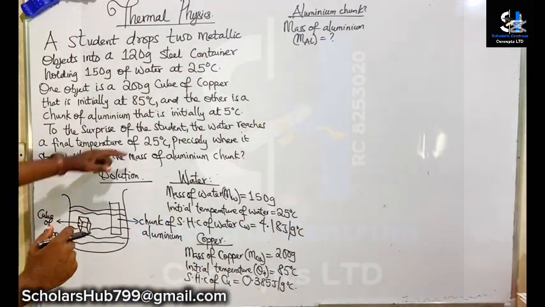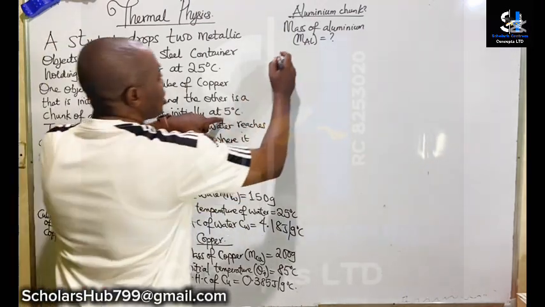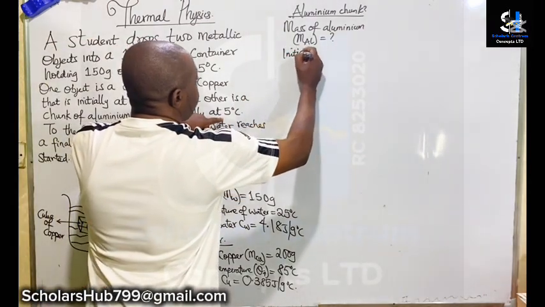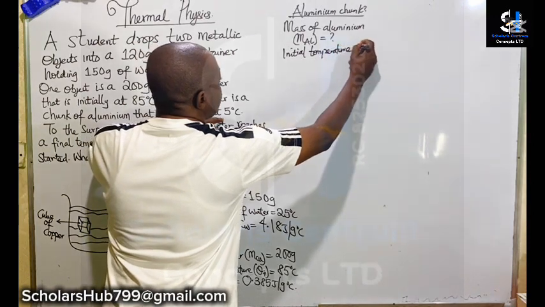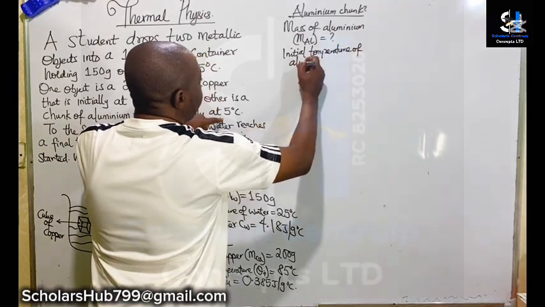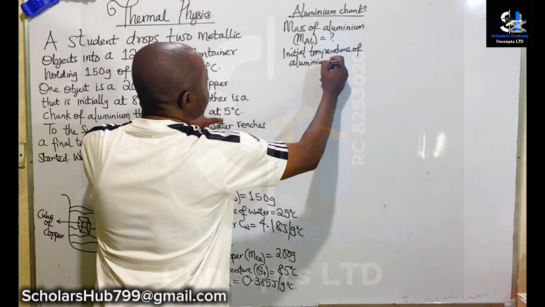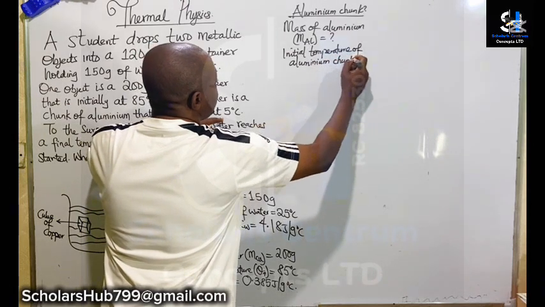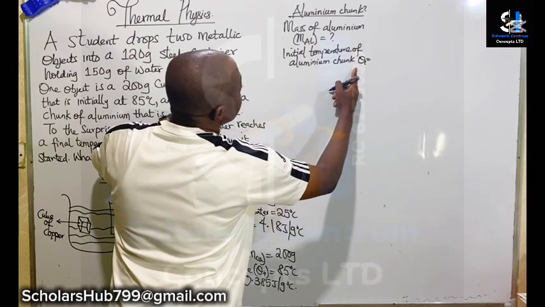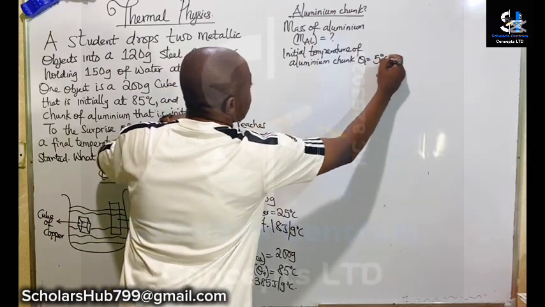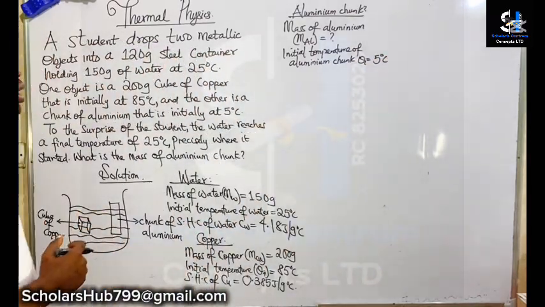What is now the initial temperature of the aluminium chunk? The initial temperature is 5 degrees Celsius.